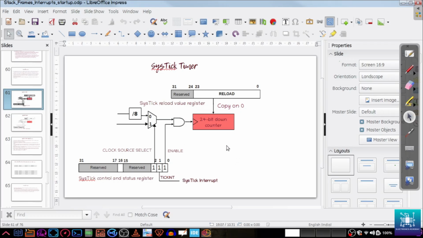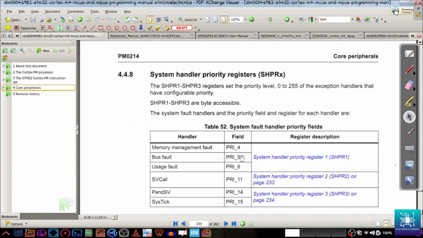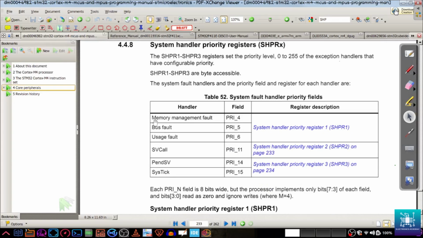And of course there is another register which is called the SHP, that is the system handler priority registers, to configure Systick.